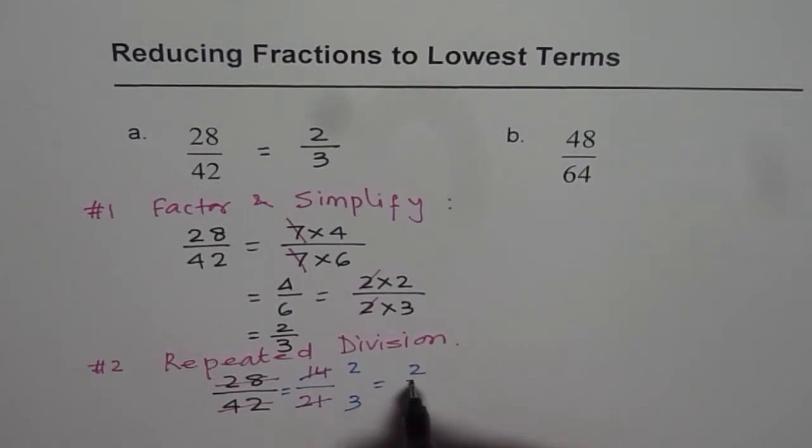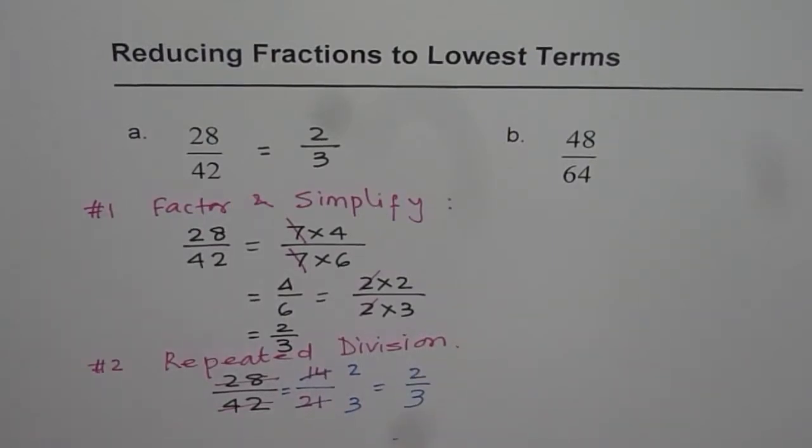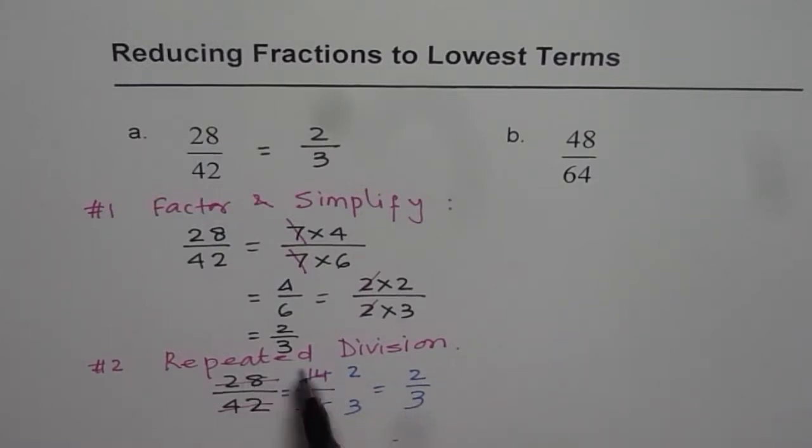I get 2 over 3 as my answer by dividing repeatedly. First I divided by 2, and then by 7. So that is repeated division. These are the 2 methods, and we get the same answer, 2 over 3.